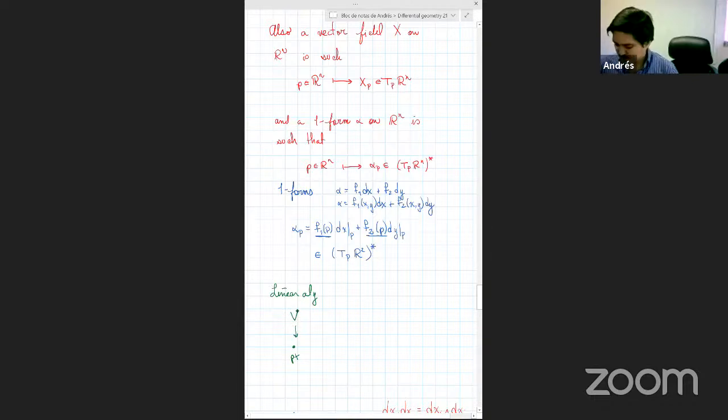Here on manifolds, you replace that point by a manifold. And instead of having only one vector space, you have many of them, for each single point. P1, you have a vector space P1. P2, you have another vector space P2.